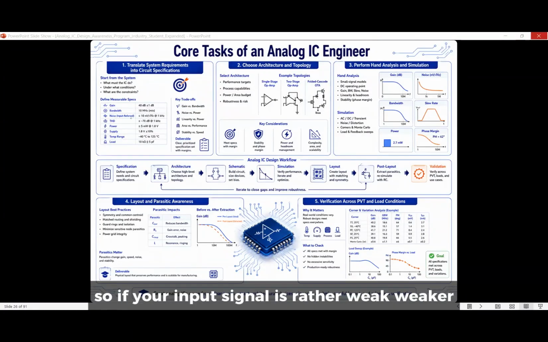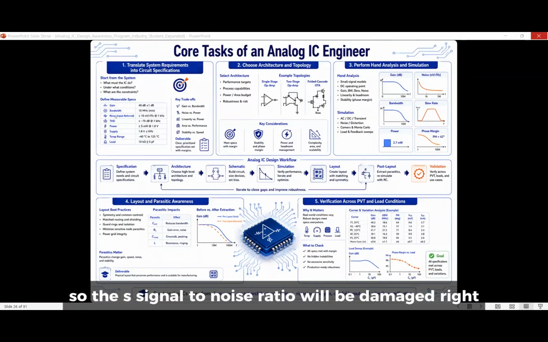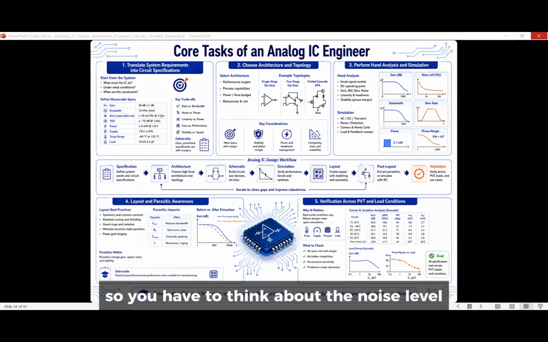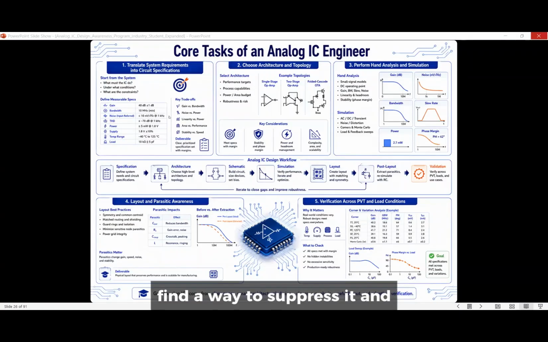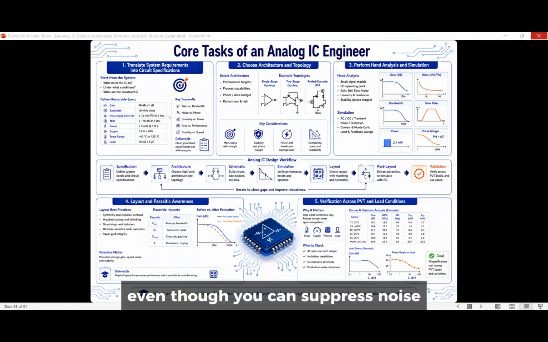per square root hertz at 1 kilohertz. If your input signal is weaker than noise, or is too weak, the signal to noise ratio will be damaged, right? So you have to think about the noise level of your amplifier and try to find a way to suppress it. And I think at the end you will understand that even though you can suppress noise, you must sacrifice something, for example the area.